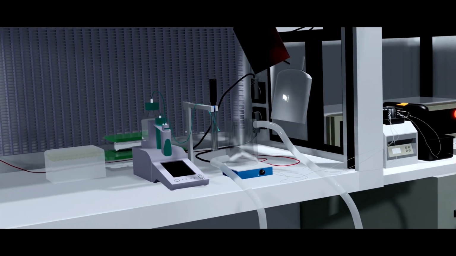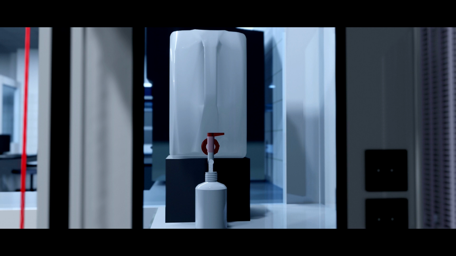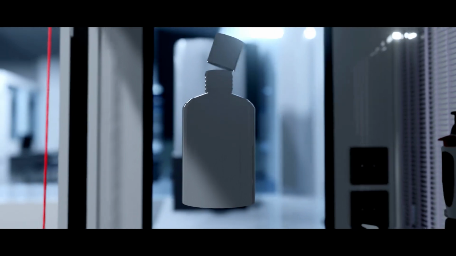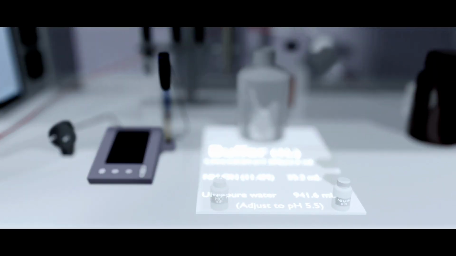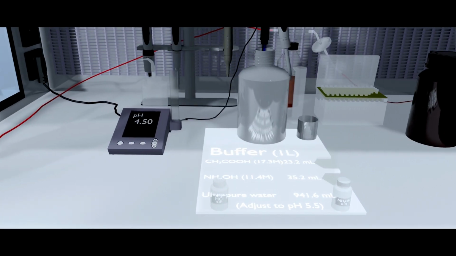To perform the analysis, we use two reagents. First, a buffer, to regulate the reaction pH, made from acetic acid and ammonia. The pH is adjusted to pH 5.5.